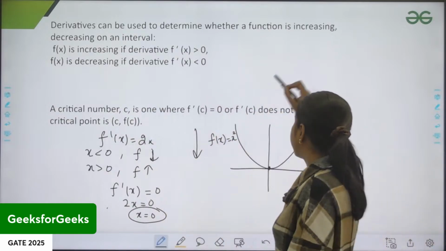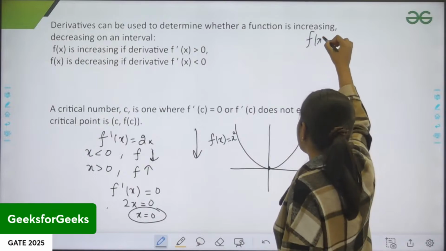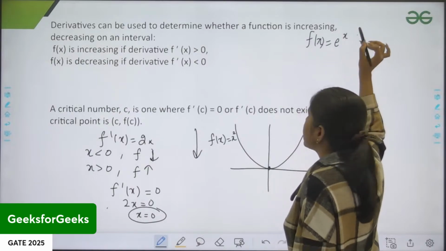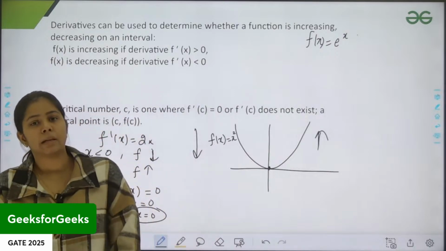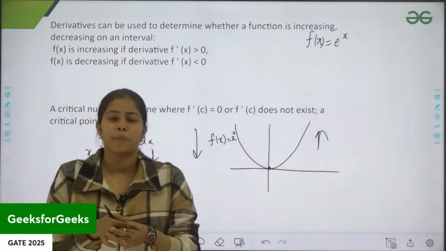Right? So can you tell me about this function f(x) equals e to the power x? What is a critical point for this function? Tell me, guys, the critical point for the function e to the power x.